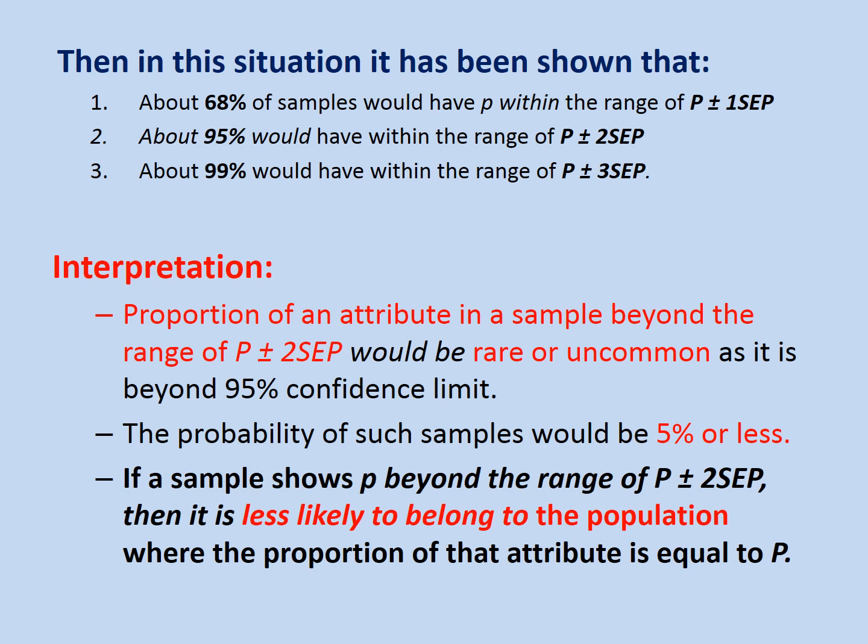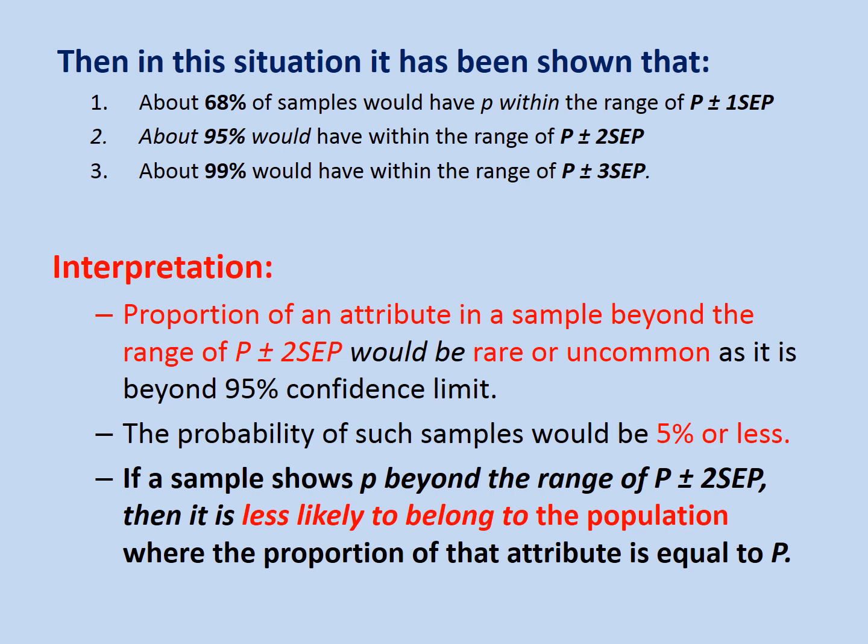So if you apply the first one, that is the population proportion plus or minus 1 standard error of proportion, you will find that out of the 100 samples you have taken from the whole population, 68% of your sample proportions will fall within the range of capital P plus or minus 1 standard error of proportion.